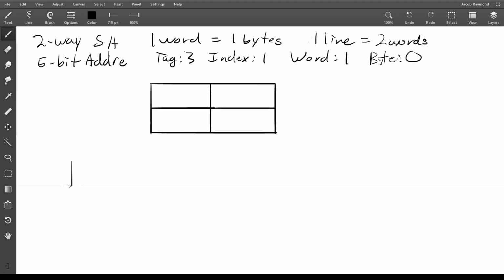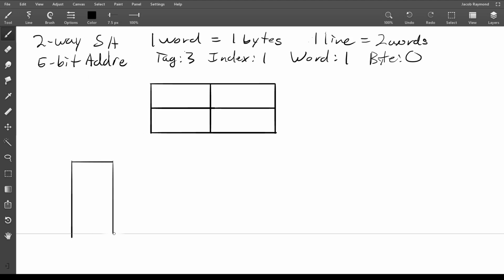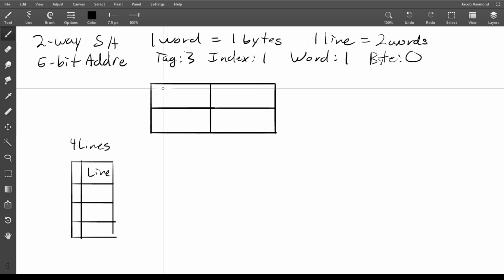Before, we had the direct map cache, which had 4 locations, and each location stored 1 line, so in total our cache could store 4 lines. Now if I'm going up to two-way set associative, then each index is going to store more, so I'm going to halve the number of indexes. So now we still have 4 lines, but only 2 indexes, 0 and 1, and so our index is only going to be 1 bit.